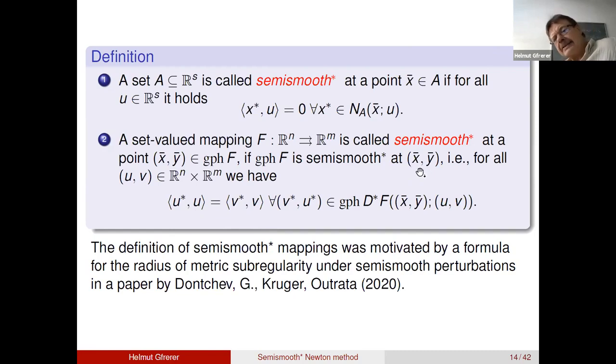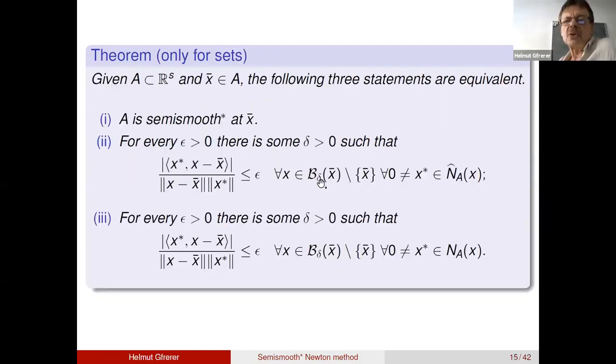This definition is in some sense elegant, but maybe it is not the easiest one to imagine what semismooth starness means. So let us consider equivalent definitions. For instance, the second point here: consider a point x which is close to x bar, and consider a regular normal x star at the point x, and then consider this quantity.